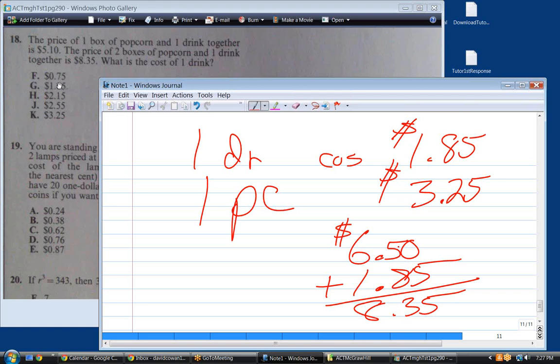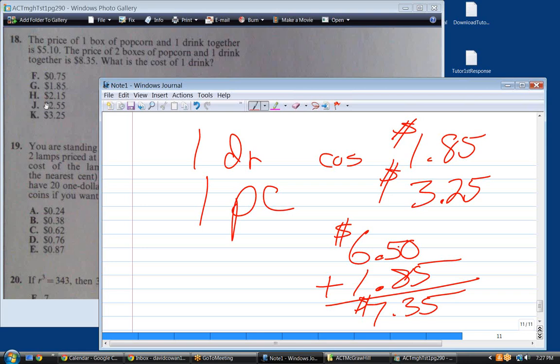Let's say that $1.85 wasn't the answer, and I got some price that was $7. That would tell me that I need a bigger number, not a smaller one. So I wouldn't have to try the 75-cent one. If 185 wasn't correct, I would next try 255.